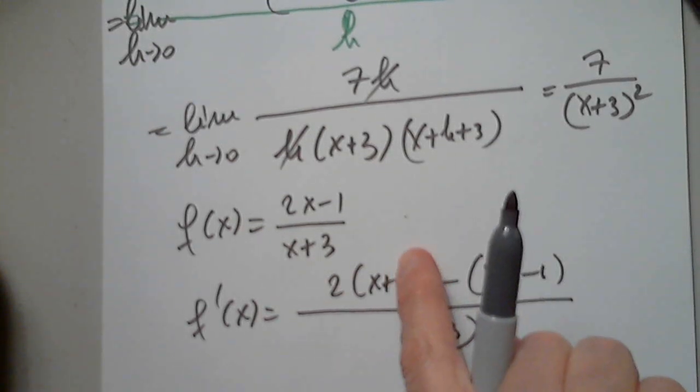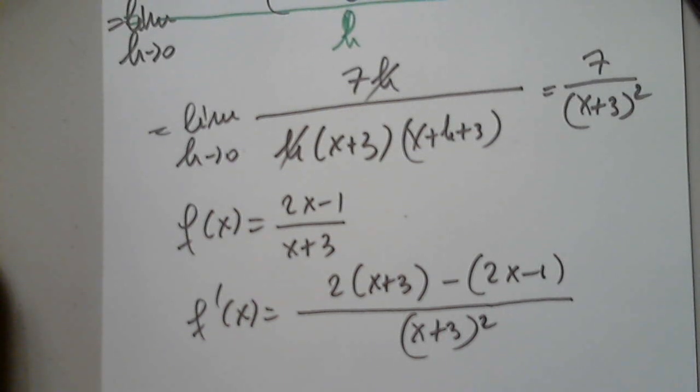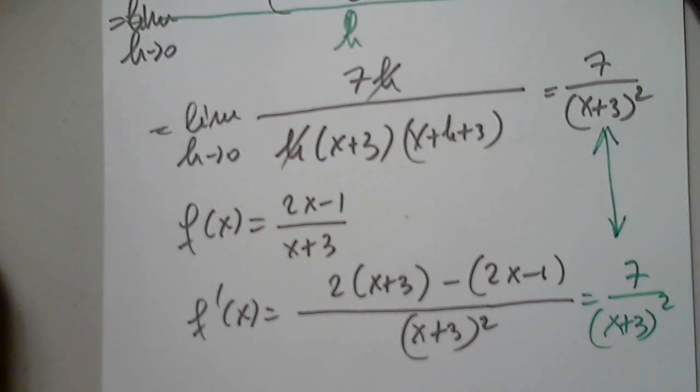If you make the error of simplifying a piece of a term with a factor, the whole thing collapses. So please don't do that. So now 2x plus 6 minus 2x plus 1. It is 7 over x plus 3 squared. So these two have to be the same.